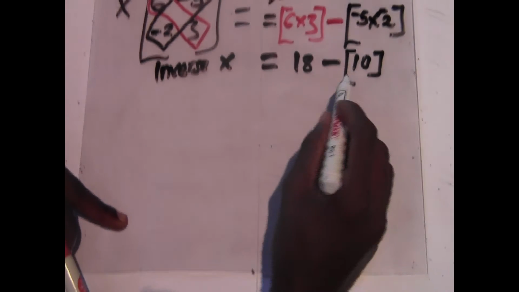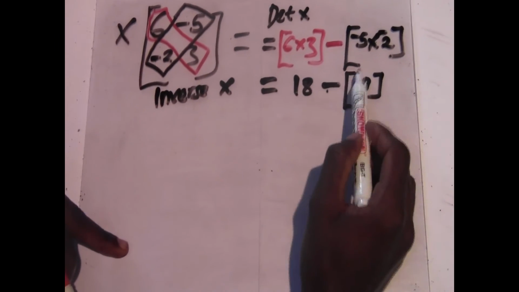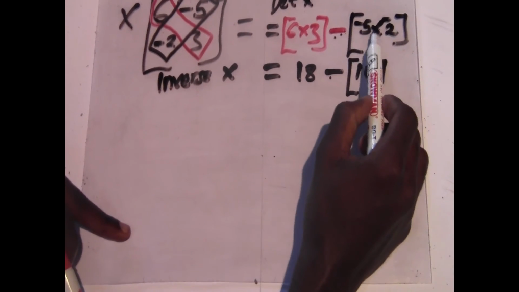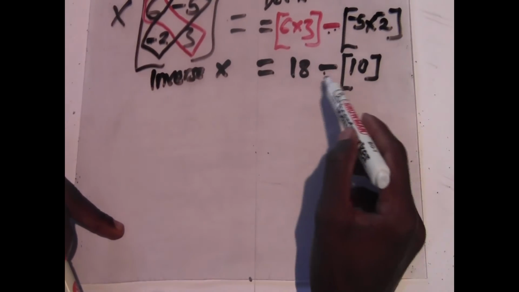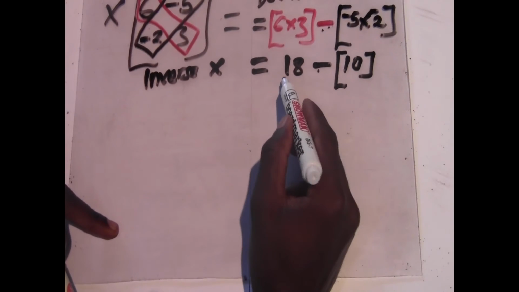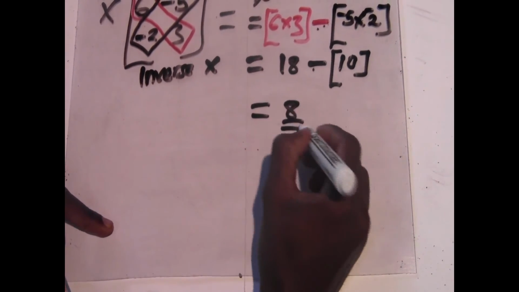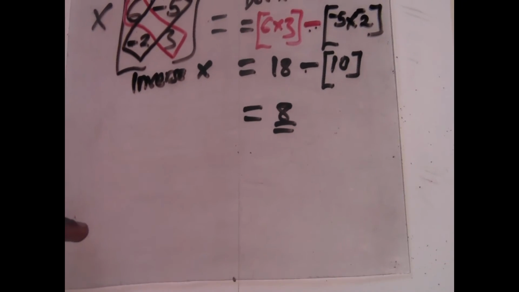Be careful with those signs, because this was negative, minus -5 times -2, so you get 10. So it is 18 subtracted by 10, and you get 8. This is the determinant of this matrix.